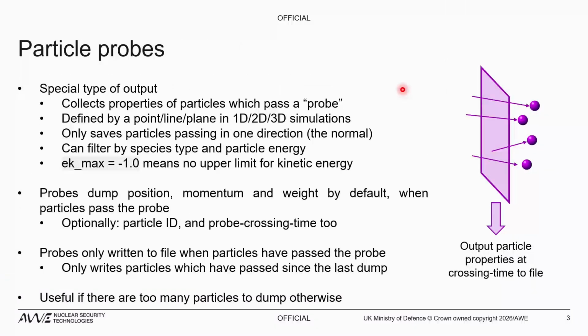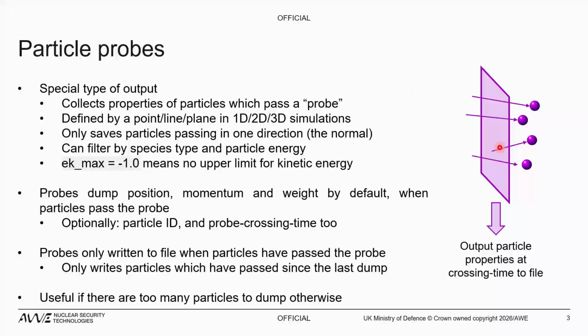So start off with particle probes. You can place in a simulation a special plane in a 3D simulation, or a line in a 2D simulation, or just a point in a 1D simulation. And every particle that passes that plane, line, or point is going to be tracked and then saved into a separate data structure, your probe arrays. And you can be really specific on what you want to come through these probes.